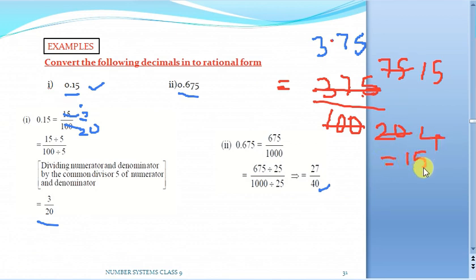You have to cancel until you get co-prime numbers in the numerator and the denominator. 15 and 4 are co-prime numbers, so you can leave it at this step. So 15 by 4 is the rational form for this decimal form. So 3.75, I can write as 15 by 4.